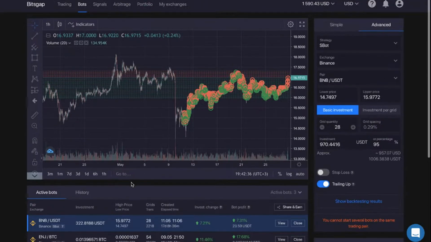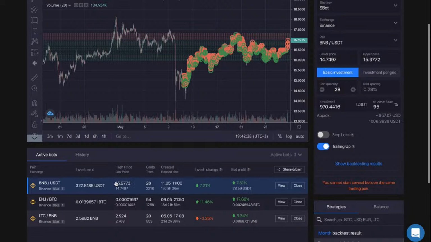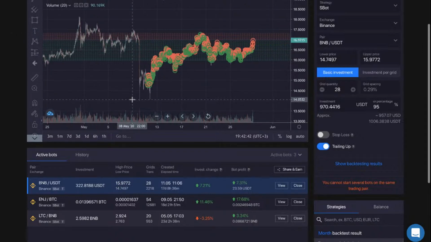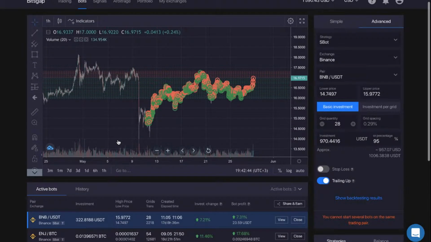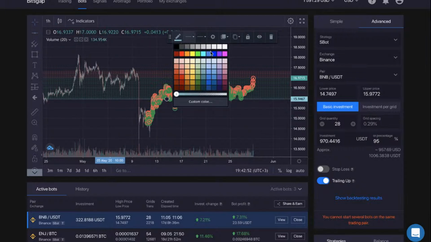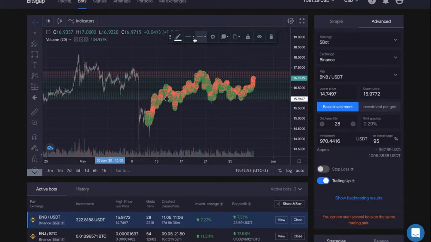And you see that the high price for BNB was 15.97. So let's find it on the chart. 15.97. All right, here it is. Let's use the white one and highlight it.